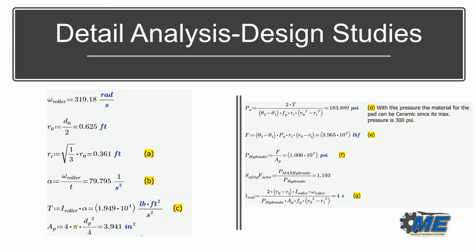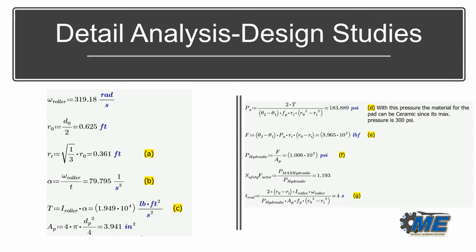For C, we calculate the torque using the inertia of the roller and the deceleration that we calculated in step B. Then we calculate the area of the pistons. And notice that the area is always pi times the diameter of the piston squared divided by 4. But since it's a caliper of 4 pistons, you multiply it by 4.